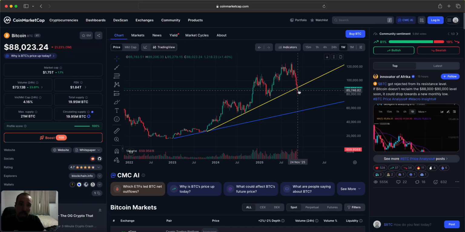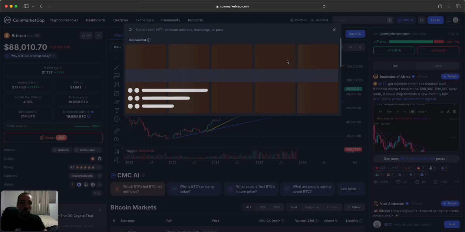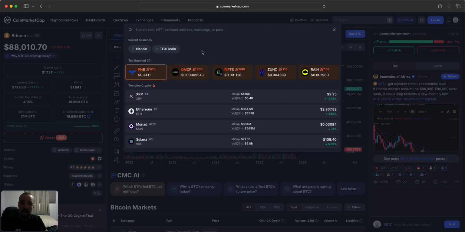It actually went below briefly, but it's looking to fight back to get above. So now that it is below, this trend will technically act as resistance until it breaks above it and becomes support again.